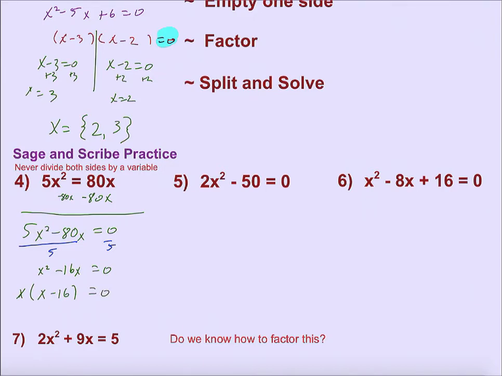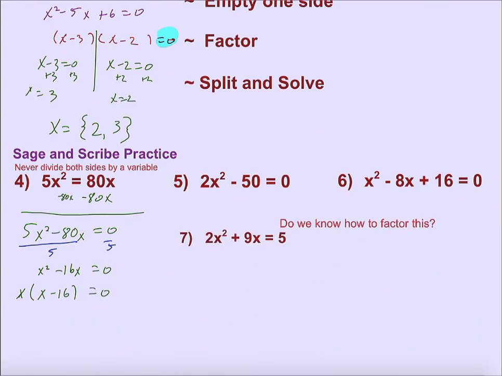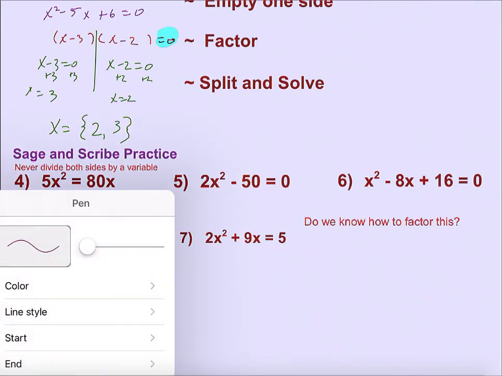If I undistribute that x, I still have what I'm looking for: I've got my two factors, the product of two factors that multiply to 0. I've got the two things that I need in order to split and solve. So that's what I'll do.